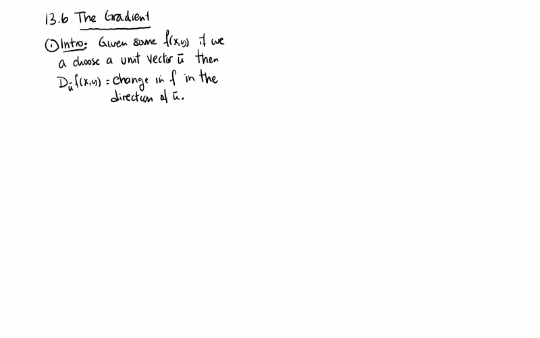But what we'd like to do is reverse the question for now. We'd like to say, okay, instead of giving a direction and getting a change, can we find the direction in which we get the maximum change, right? So in other words, suppose we want the direction in which the change is maximum.